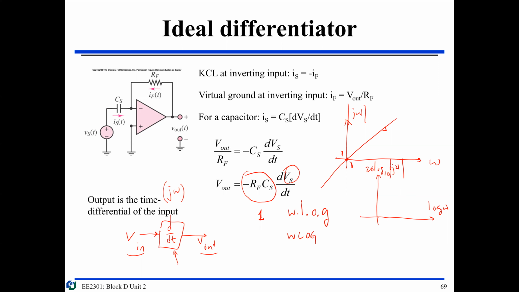When omega is 1, this is also 0 dB, because log of 1 is 0. So they pass through this point here. Basically it's still 1, omega is 1, and this is 0 dB. So you have something like this. The same thing, a straight line.